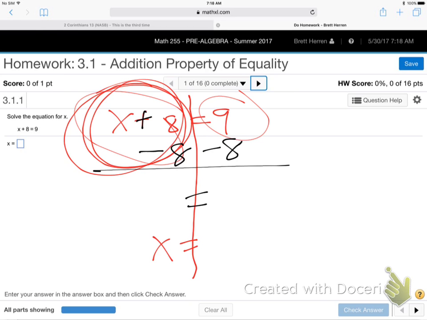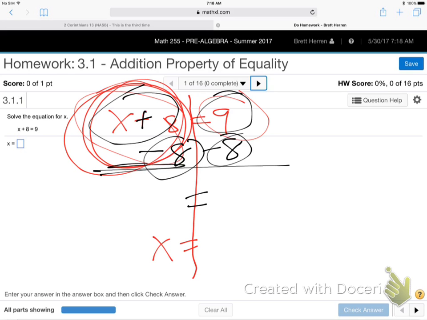That makes sense, doesn't it? Everybody with me on that? So if x plus 8 equals 9, the left side and the right side are equal, and I subtract 8 from both sides, then the results will be equal as well.